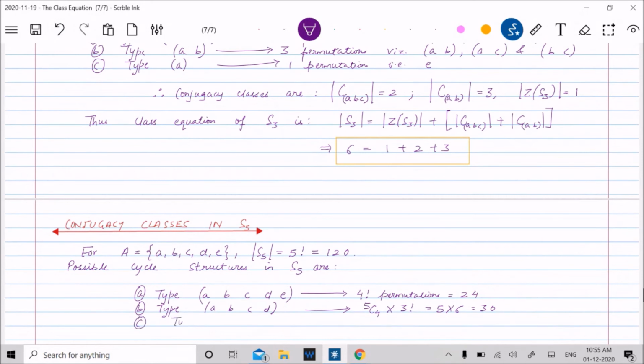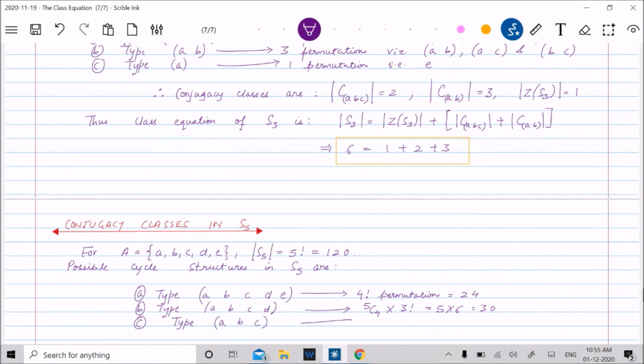Now, type A, B, C, of course, right? This is also possible, because D and E will be written like this, and these are treated as identity permutation, so I am not writing them. There is no point in writing them. This is a third category of cycle structure you may have in S5, right?